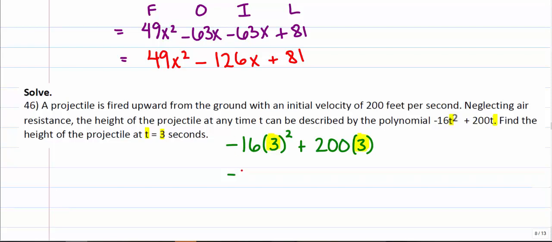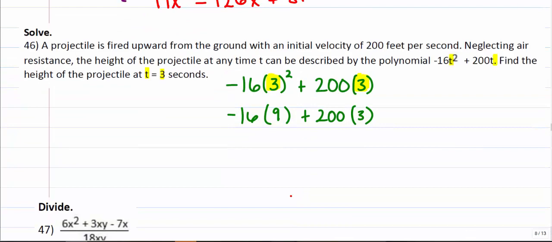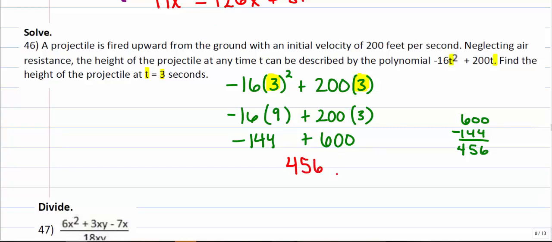And then you're going to say, okay, well, first the order of operations says I'm going to square that. And then, of course, you can put a lot of this in the calculator. That would be negative 144 plus 600, which is really this. And so, let's see, 456, and it is in feet, and that's it.